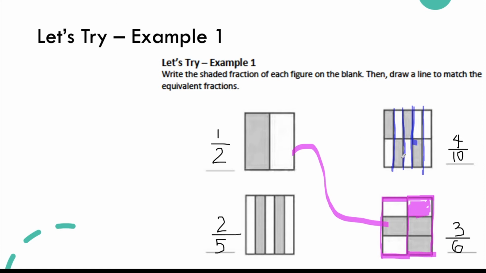And I can imagine that this guy moves over here. So that's white. And this guy moves over here. So that's white. So then I would have 2 of my columns shaded in, just like down here. So that tells me that 4/10 takes up the same amount of room and is equivalent to 2/5.